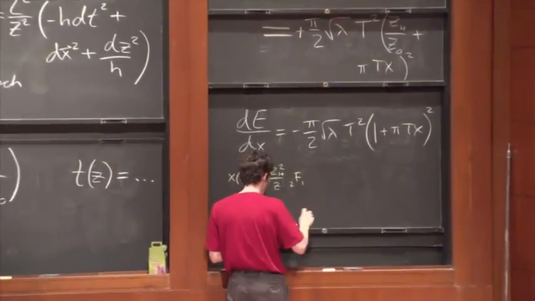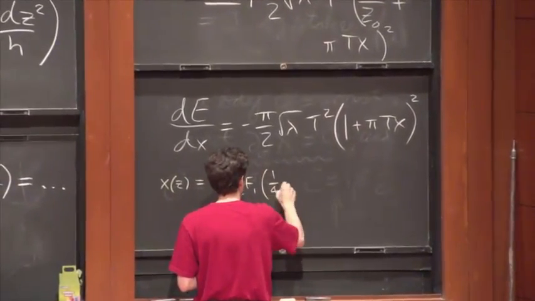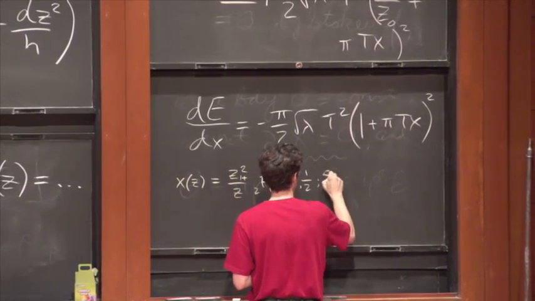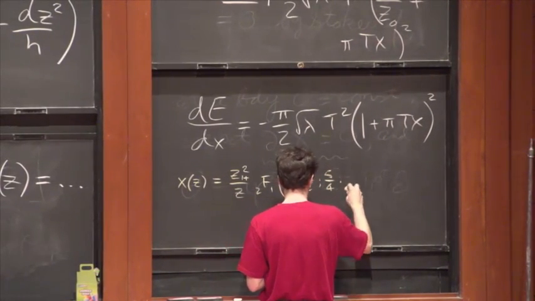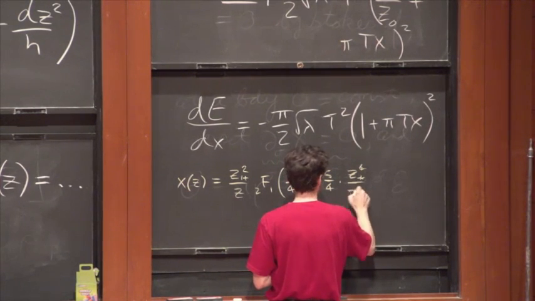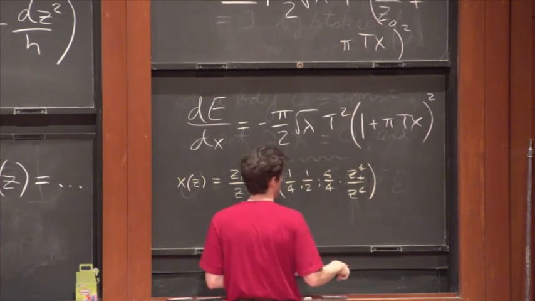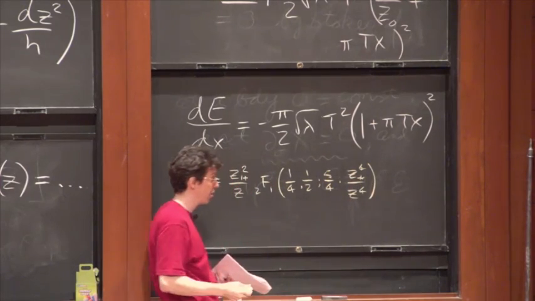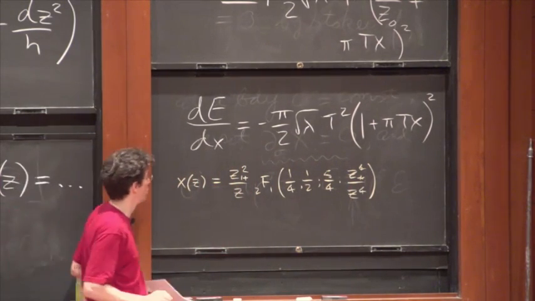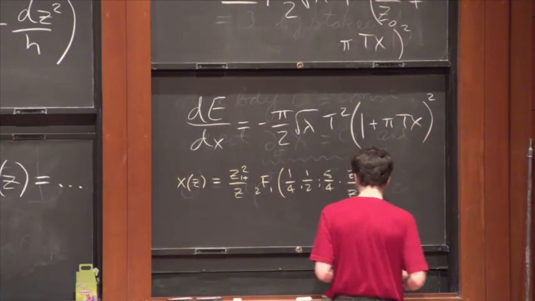They involve the hypergeometric function 2F1 with a certain combination of indices, and involving an extra parameter z star, which is the maximum height, that is to say the minimum value of z, that this geodesic attains.